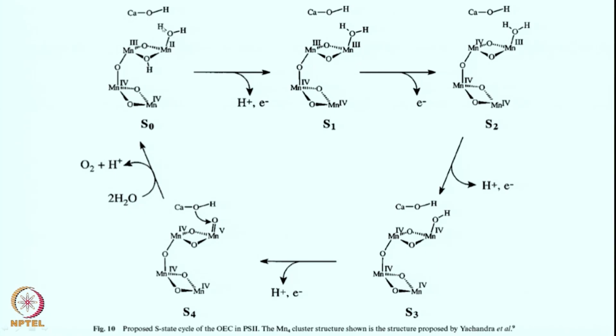So, the oxygen bond will form between these 2 oxygen centers. This manganese 2 plus will be oxidized by photon to give you the oxidized manganese 3 plus, a proton and electron released from the center will give rise to the manganese 3 aqua complex.